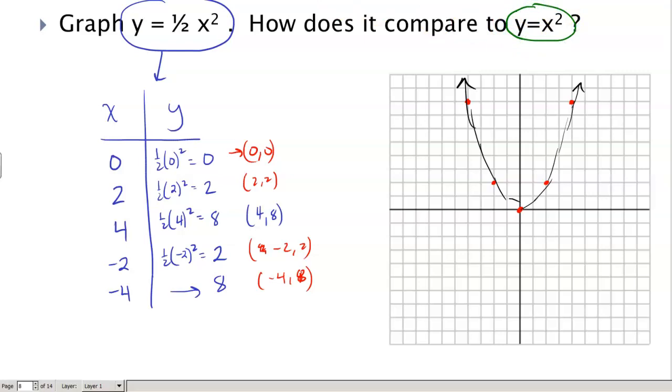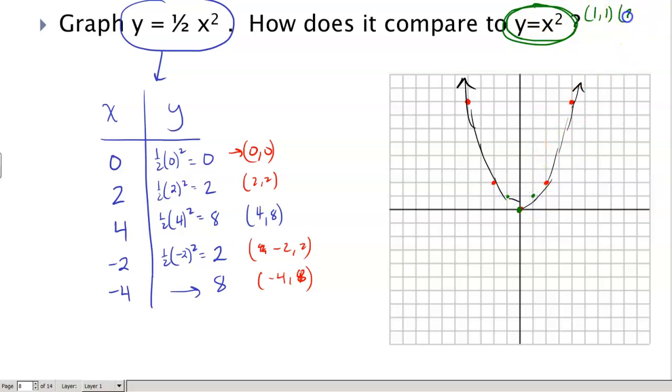Well, if I put the parent function in green on the same graph, let's graph that as well. If I plug in 0 into x, I get the same (0, 0) response. If I were to plug in 1 into this function, I would also get 1, so that would be right here.